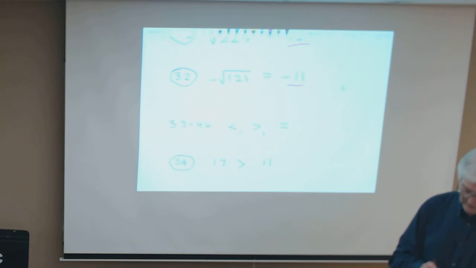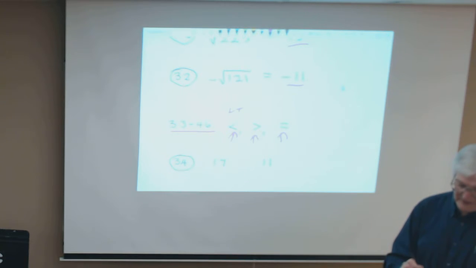Questions 33 to 46. Put this or this or this in between the two numbers. So let's just erase that for a minute. So what is this? How do you read this first symbol? Less than.